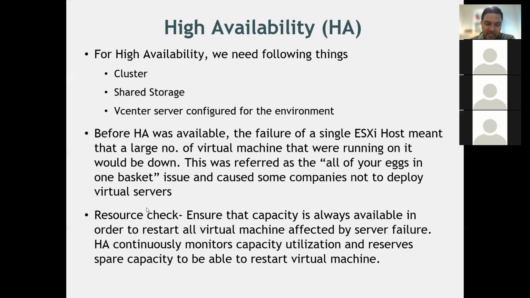Now, how are they doing it? They use a resource check, ensuring that capacity is always available. When you create an availability set or availability zone, they share a heartbeat with each other, and one master keeps track of which VM is on and which is off, and which storage is available or not.